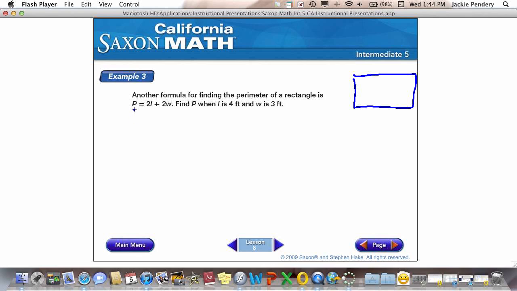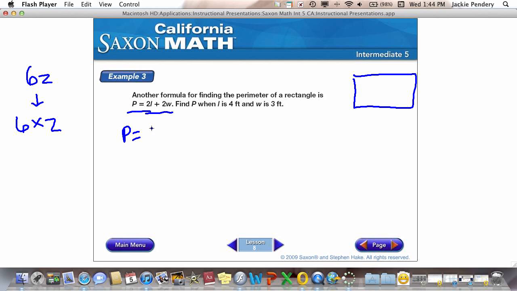So we can say perimeter equals 2L, or 2 times the length, plus 2W, 2 times the W. Remember, when you have a number next to a letter, this means the same as multiplying. You are multiplying.